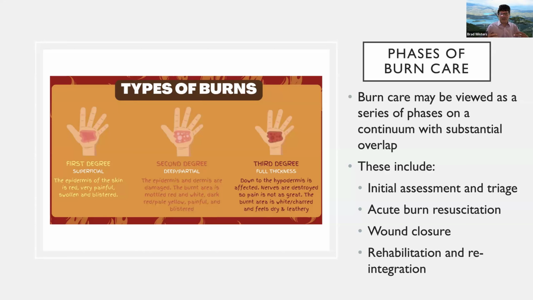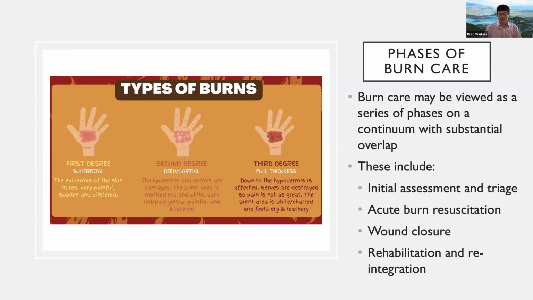Once the acute burn resuscitation is winding down, I wouldn't say it is ever completed, but it does tend to wind down a lot. We have to work on wound closure, and wound closure can involve a lot of excision of burned and devitalized tissue, and then covering the tissue either with artificial materials or ultimately with the patient's skin.